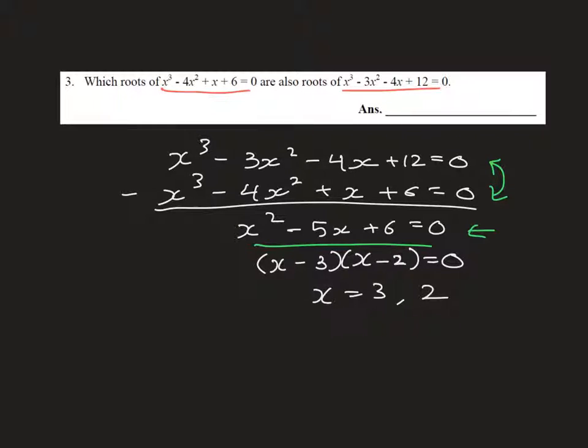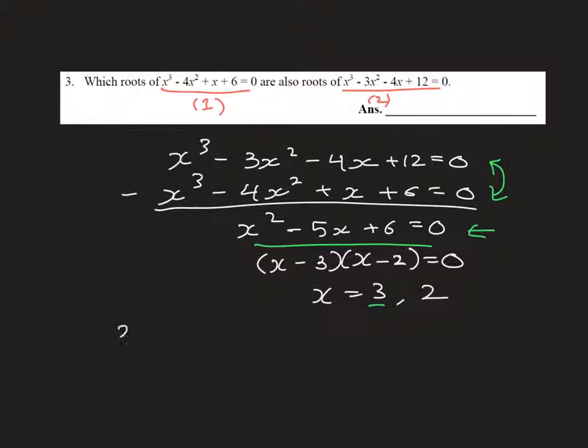So we need to check that x equals 3 and x equals 2 are roots to equation 1 and equation 2. And the only way to do this is to plug in the values. So let's just try it with x equals 3 for equation number 1.